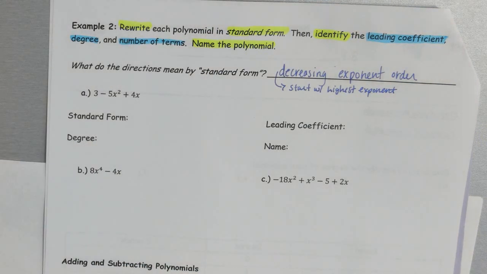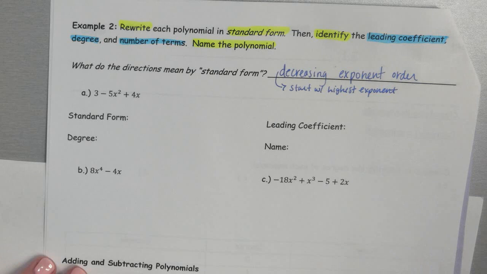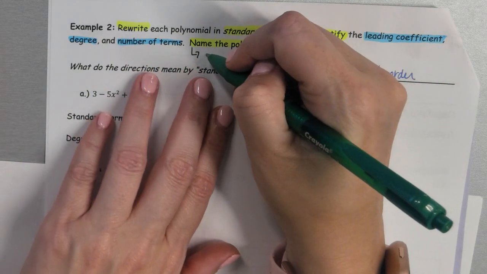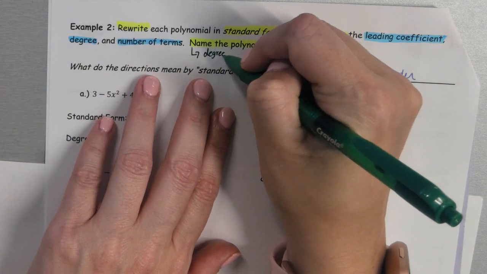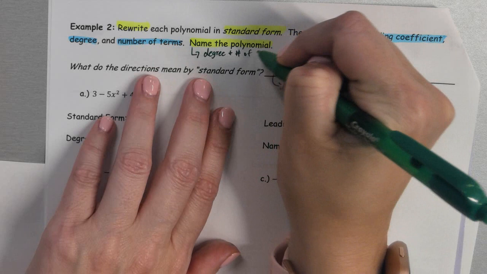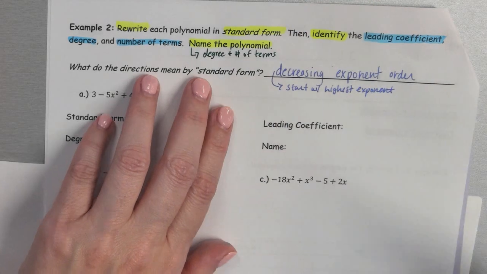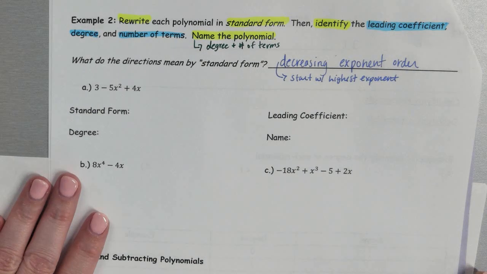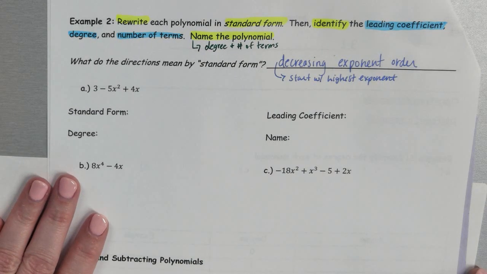When you name the polynomial, there are two things that you're going to have to use. So when you name it, it is by the degree and the number of terms. So the polynomial name is always going to be compounded. So there's two of them. It's going to be a compound name.